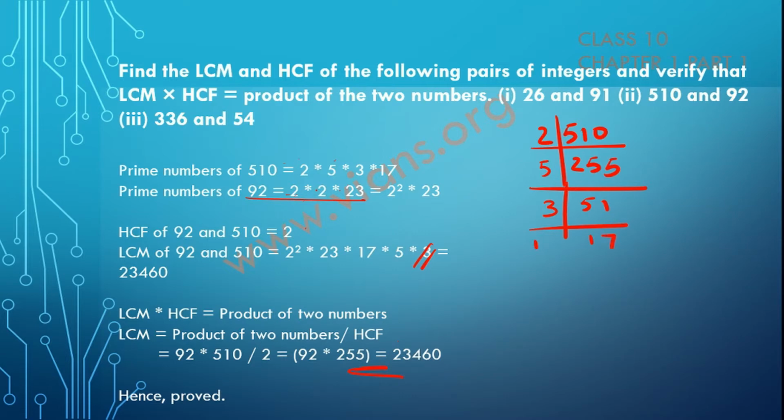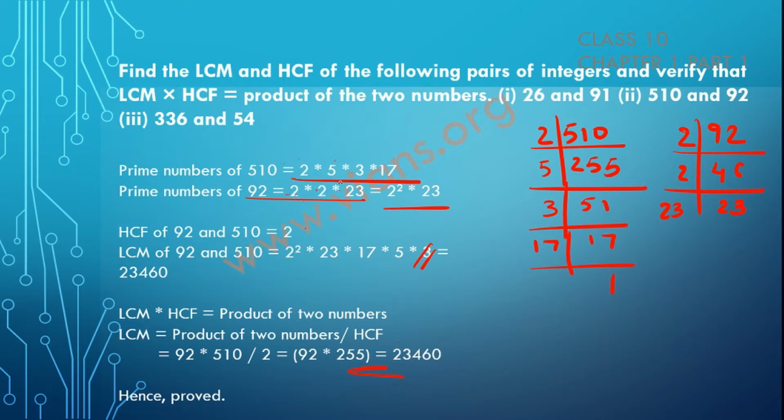So that's 510 prime factorized for you. And then you have 92, so that's going to be divisible by 2, divisible by 2, and that's just 23, right? So these are the prime factors that you see over here.